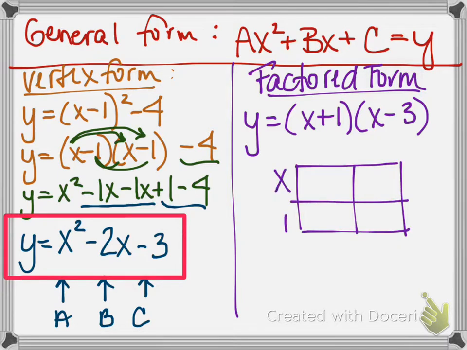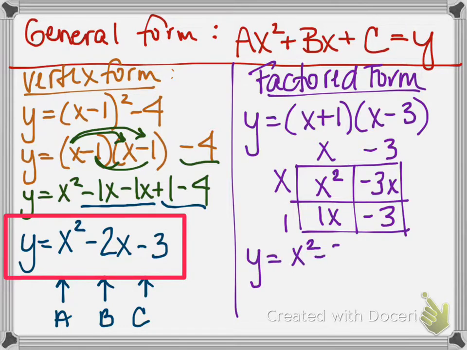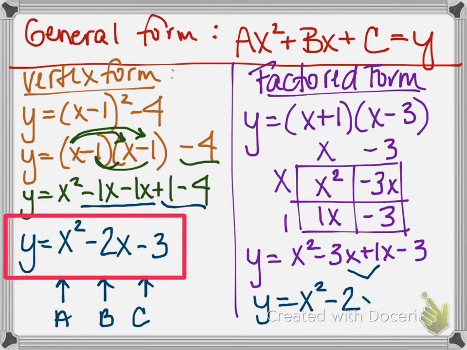This would be x and 1. This would be x and negative 3. So this would be x squared, this would be negative 3x, this would be 1x, and this would be negative 3. And let me add all my terms together. So y equals x squared minus 3x plus 1x minus 3. And when I combine my like terms here and here, I get y equals x squared minus 2x minus 3.